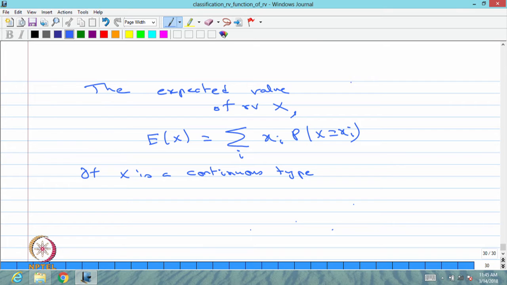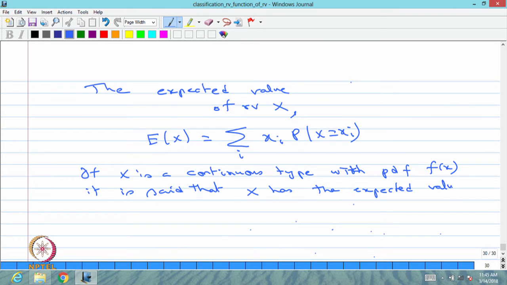If x is a continuous type random variable with the probability density function f of x, it is said that x has the expected value if the integration from minus infinity to infinity of the absolute value of x f of x dx is a finite quantity.